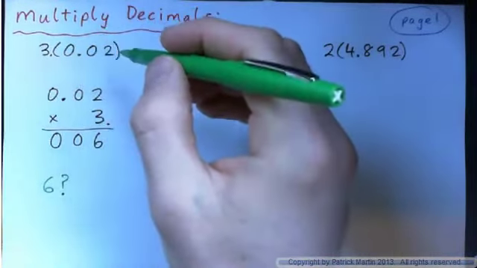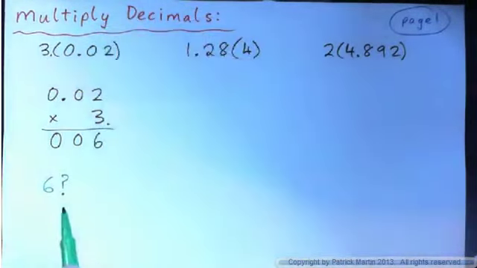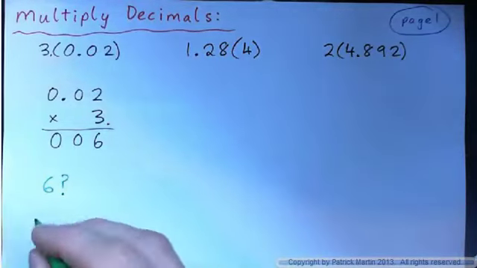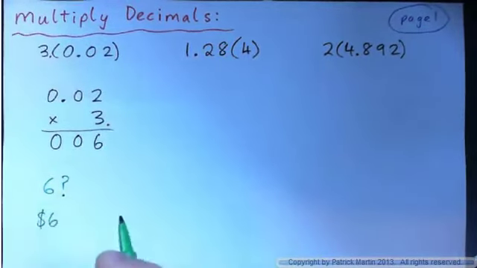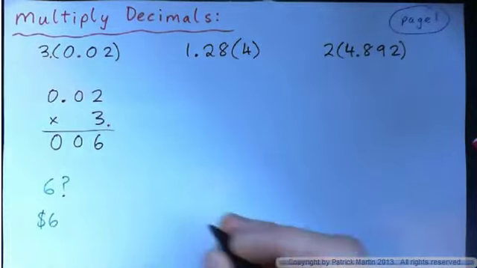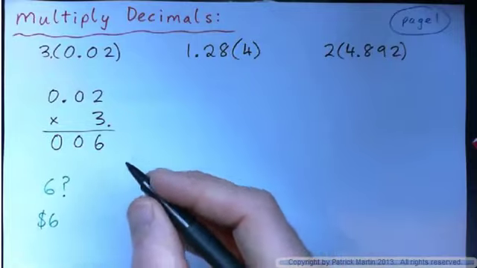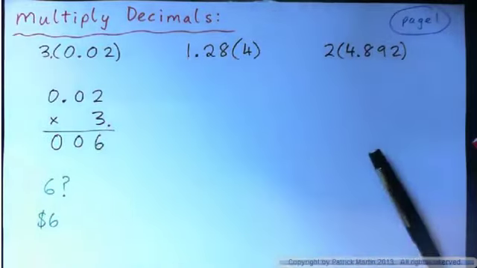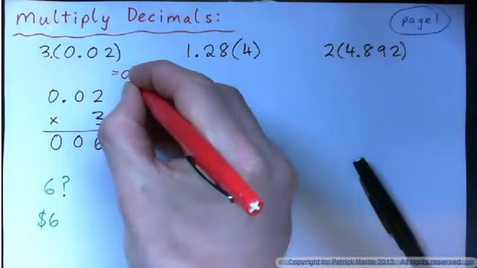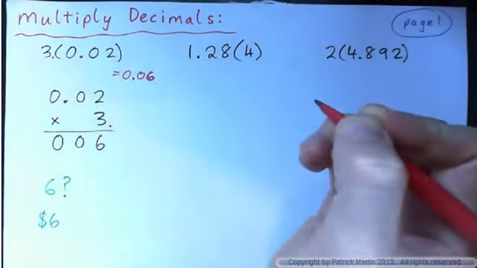3 times 2 cents. Well, you see, the number 6 is kind of like $6, isn't it? We want to represent cents, so we know the answer has to be 6 cents. The answer has to be 0.06, doesn't it?